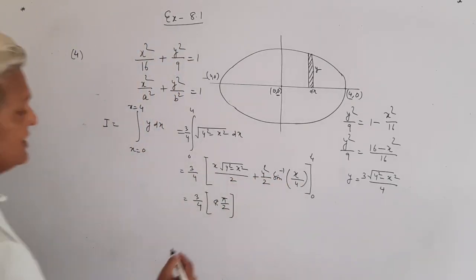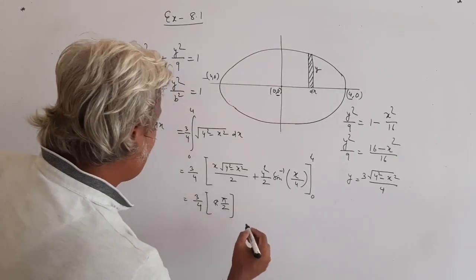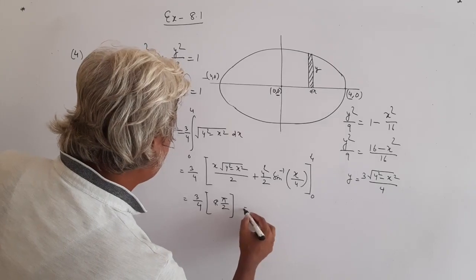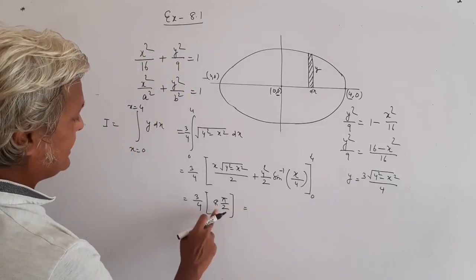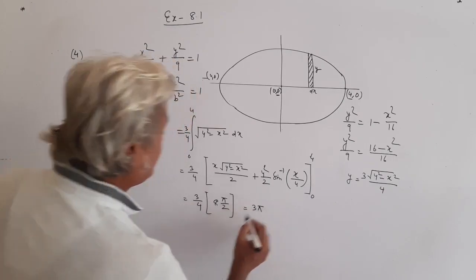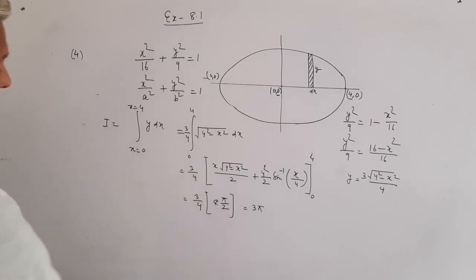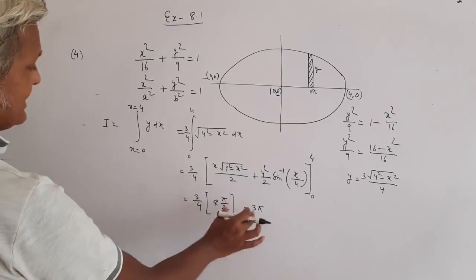So everything is done. Here we have the denominator 8, so I am getting my answer as 3 pi, as 8 cancels.